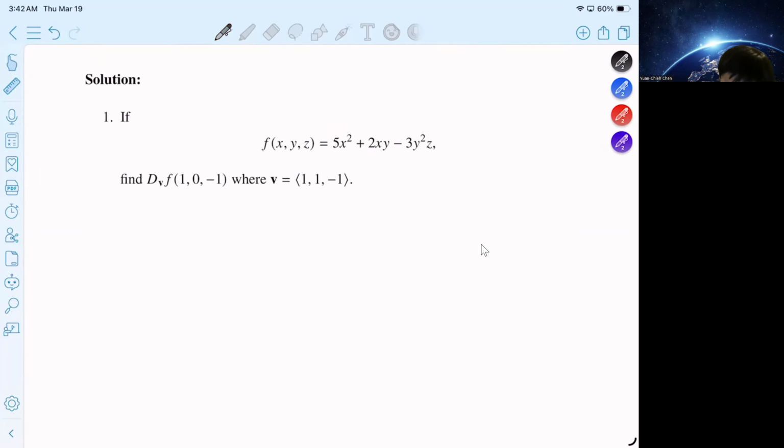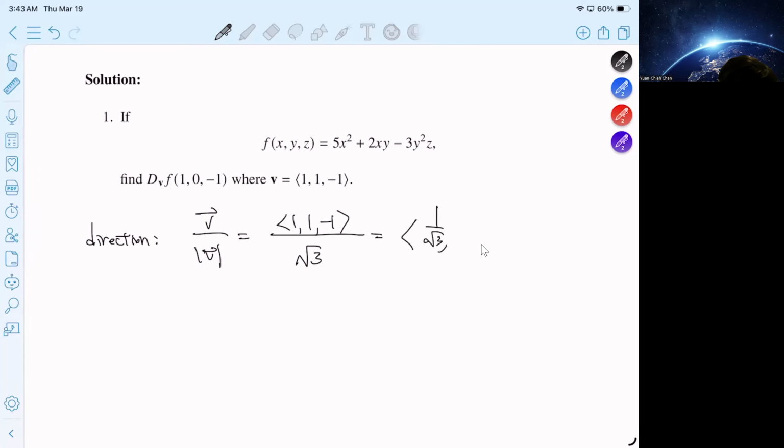So the direction will be v over the magnitude of v, which is (1, 1, -1) over the square root of 3, so (1/√3, 1/√3, -1/√3). This function is clearly differentiable since everything is polynomial, so we can happily use our definition.